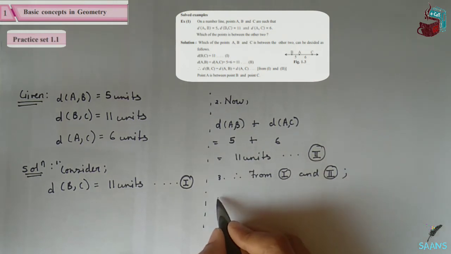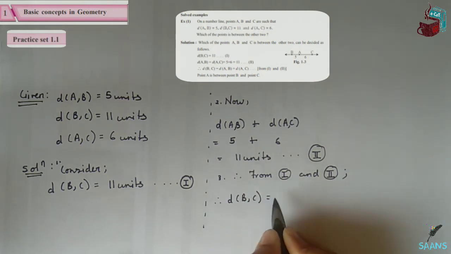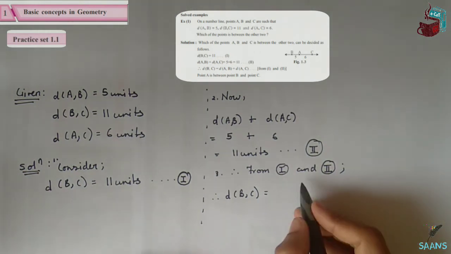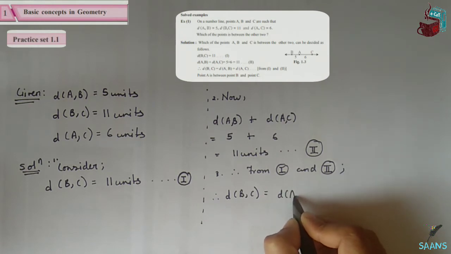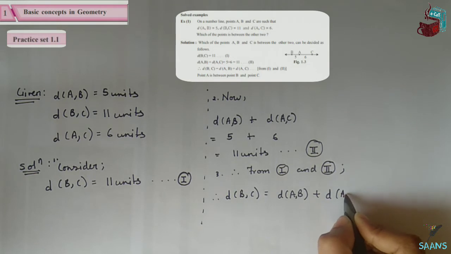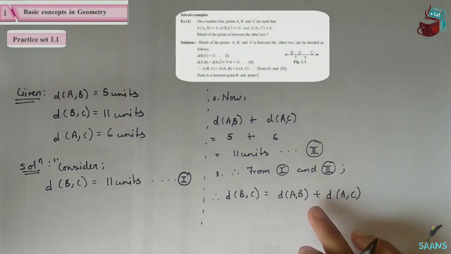So therefore what you will write, distance BC is equal to distance AB plus distance AC. This tells you nothing but that A is a point that is in between them.